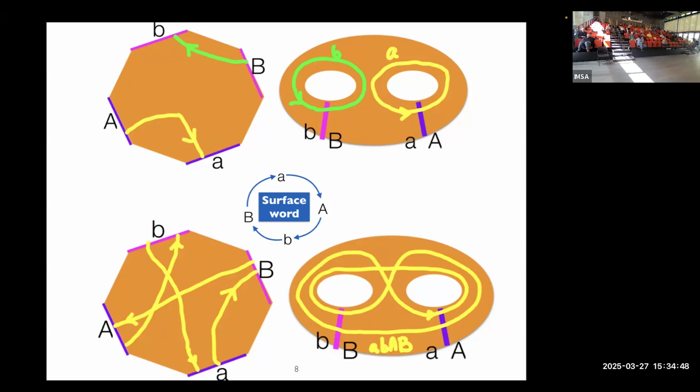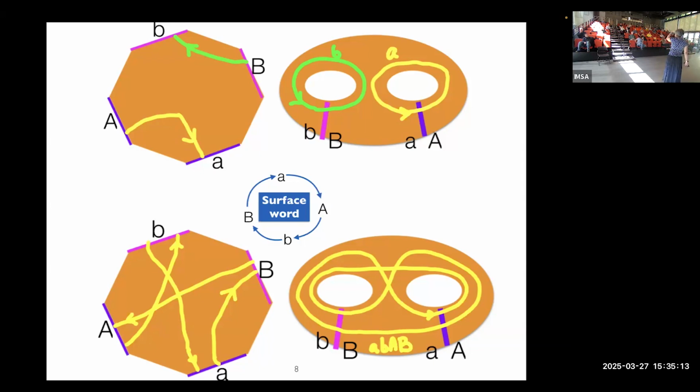Apologies. Here I wrote A, B, but it should be small b, small a, capital B, capital A, if you run it with the side value, which is the opposite of what it says there.